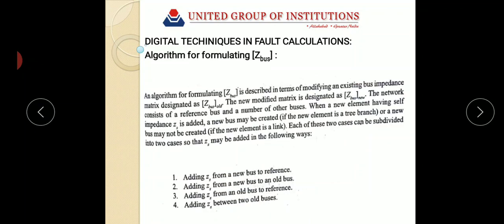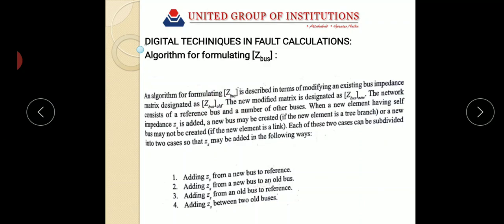Okay. Now come to the algorithm for formulating Z bus. How can you formulate the bus impedance matrix? An algorithm for formulating Z bus is described in terms of modifying an existing bus impedance matrix designated as Z bus old.